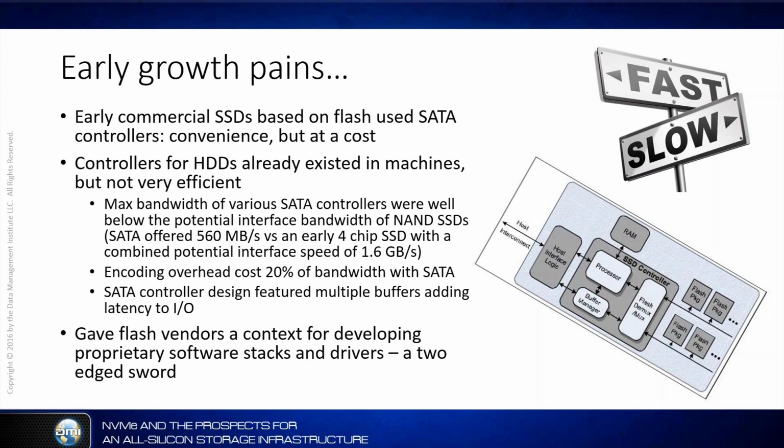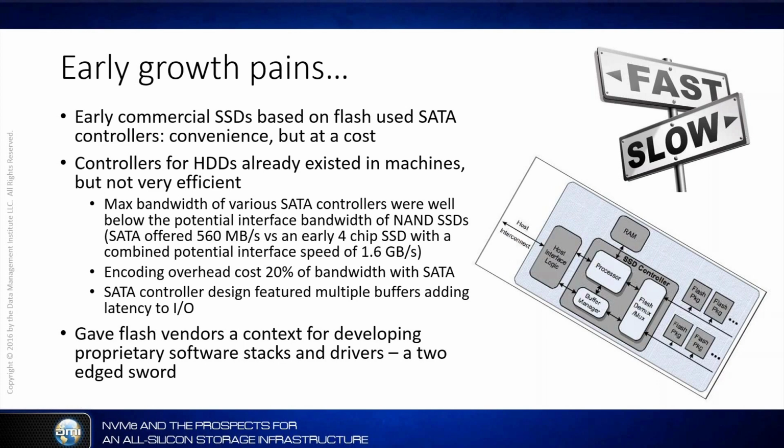The early commercial silicon disks or flash-based disks were basically emulating a hard disk, and they used a SATA controller, the serial ATA specification that's been used to do quick connections of disk devices, primarily to a computer bus.